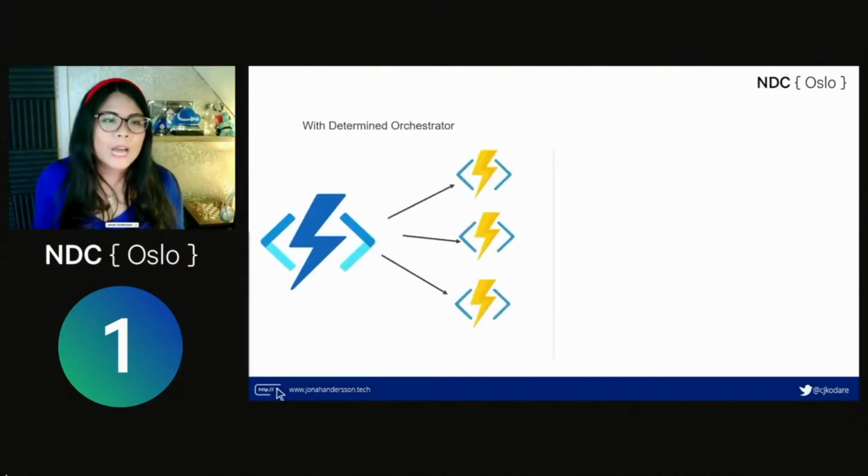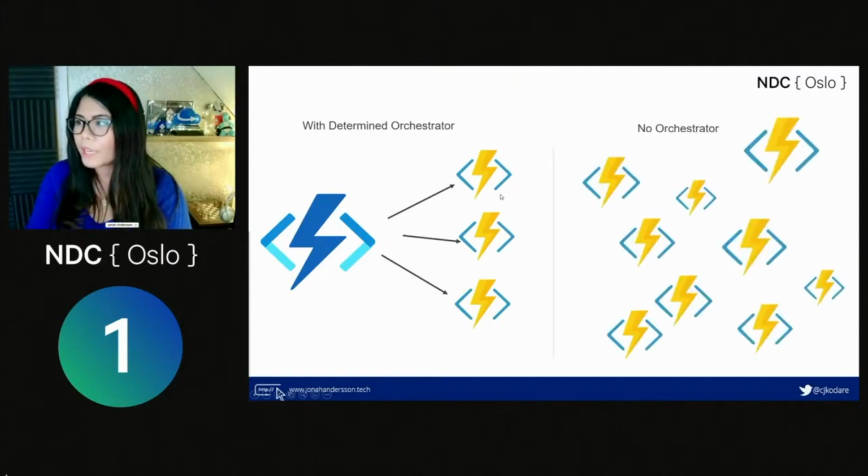So this is how it looks with a durable orchestrator. As we can see here, we have a workflow with an orchestrator with several activity functions. So that's how it looks. And this is also to the right. We see isolated Azure functions with no orchestrator.